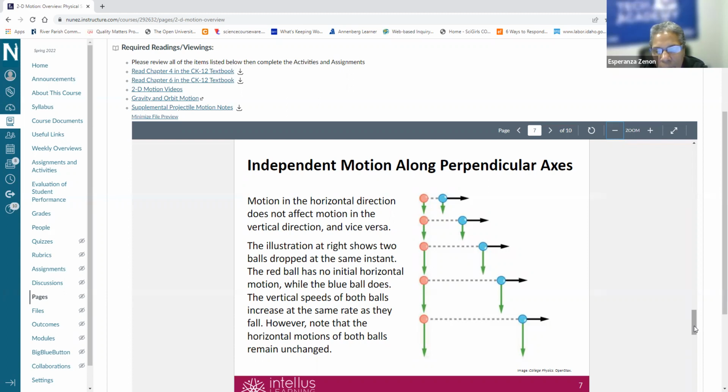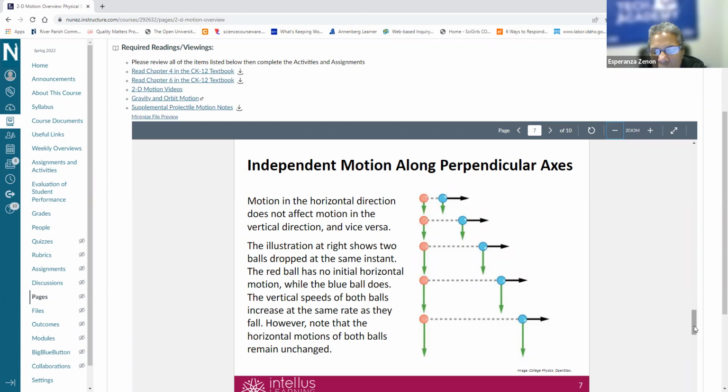And so, let me backtrack on that. I'm saying that incorrectly. Let me be specifically clear. The red signifies an object that was just being dropped, so only vertical. The blue signifies an object that has horizontal, which are the black arrows, and vertical, the green arrows.